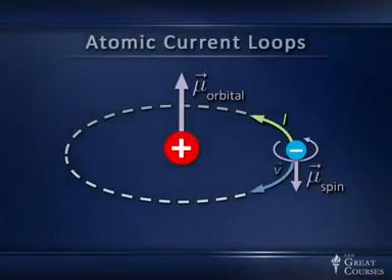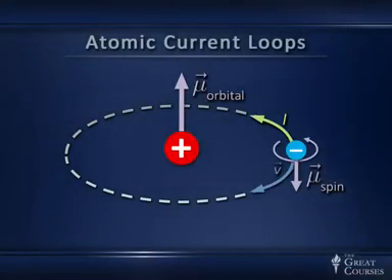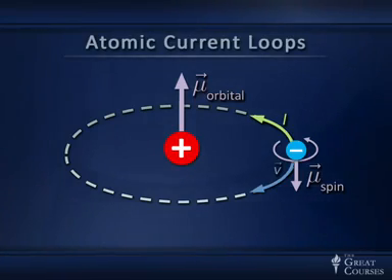There's something else going on in atoms which is actually more important for the origin of magnetism, and that is that electrons and other subatomic particles have a property called spin. Very crudely, you can think of it as a little ball that's spinning. Quantum mechanics tells us that's really not a very good picture at all, but let's think about it that way for a moment.